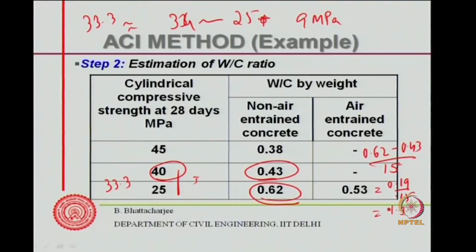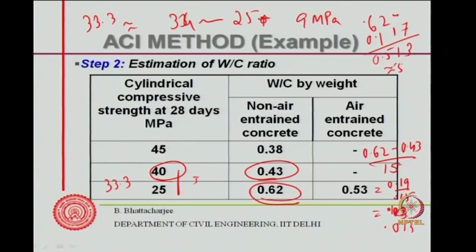For 10 MPa it will be 0.13, for 9 MPa somewhat around 0.117. So 0.62 minus 0.117 will come out to be 0.51.